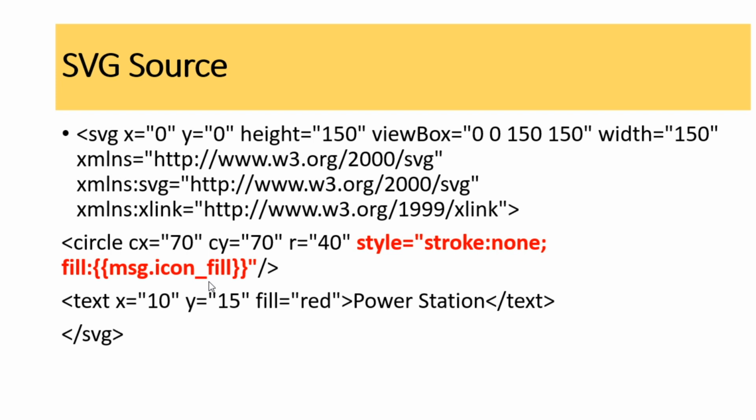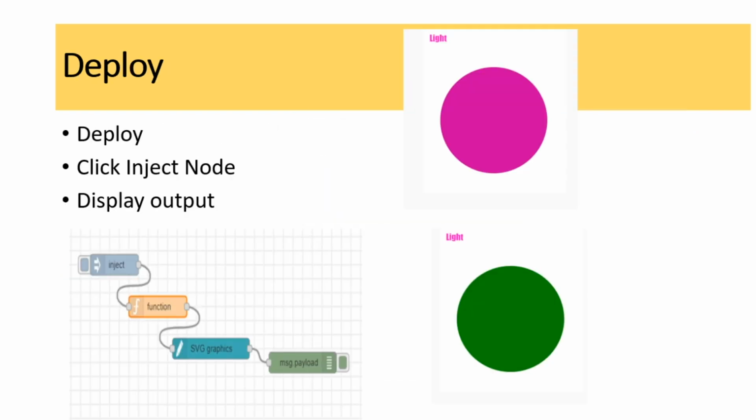This will enable us to change the color when deploying the flow. Now deploy the code and inject your inject node. Once you click the inject node, you can see the color change, and my output is produced in green color.